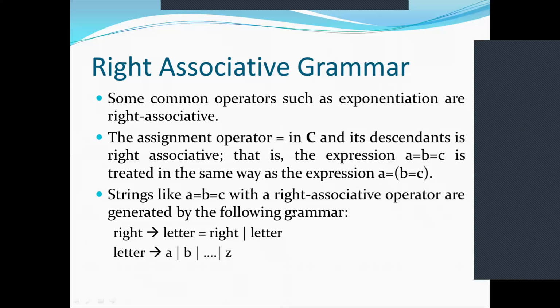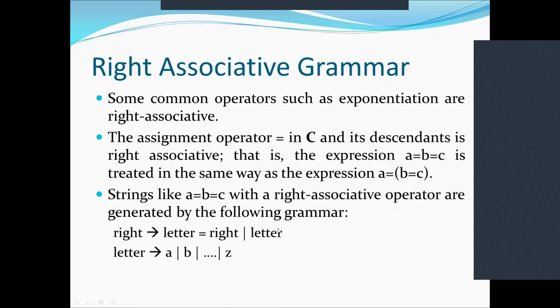Strings like A is equal to B is equal to C with a right associative operator are generated by the following grammar. We'll see how these are generated. If that is generated, then the computer can do non-ambiguous parsing of the expression.